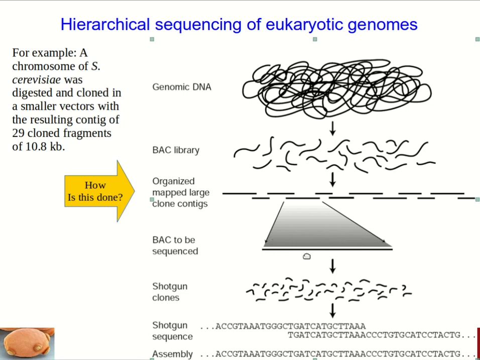We cut each clone up into small fragments and we sequence each fragment, and we build up the sequence of each clone from the assembly in the same way as I described. Perhaps a new problem here is, how do we actually do this ordering of the clones? There are several techniques, and I will talk about one that is called chromosome walking.